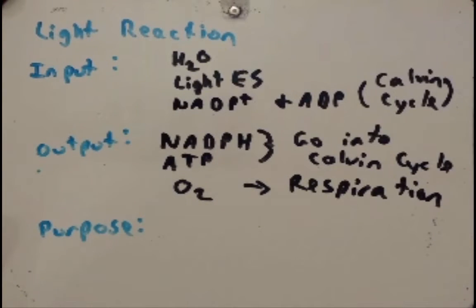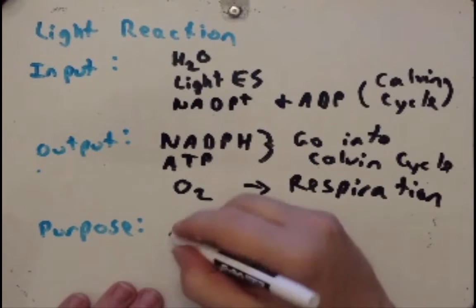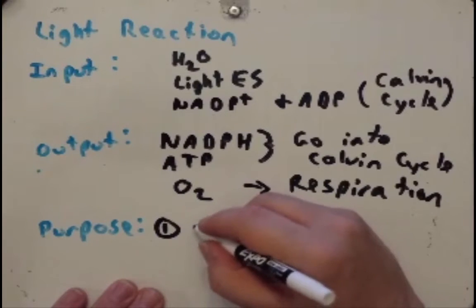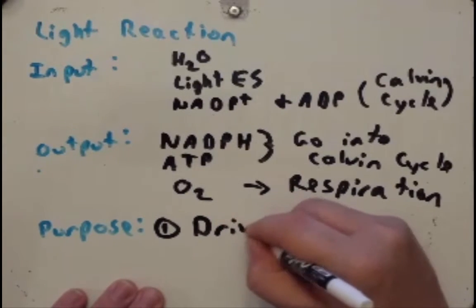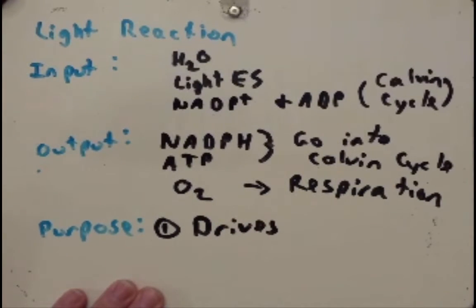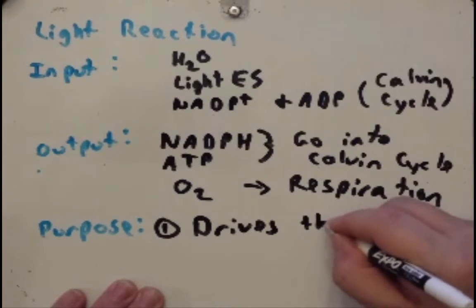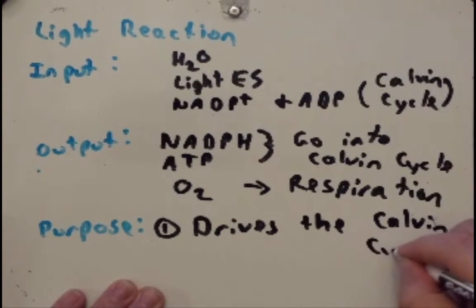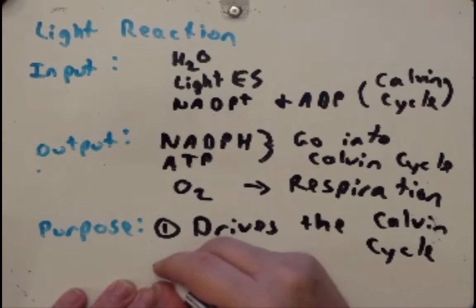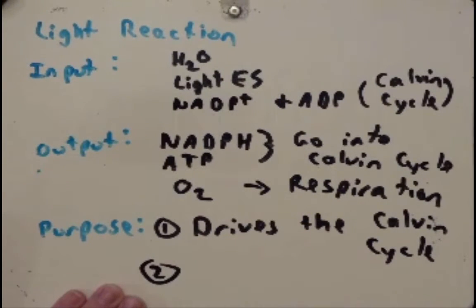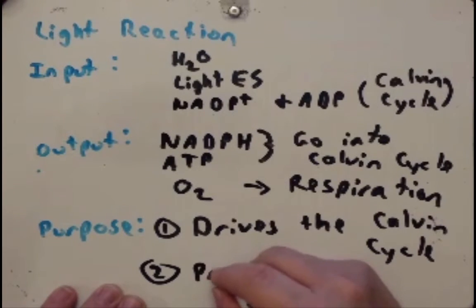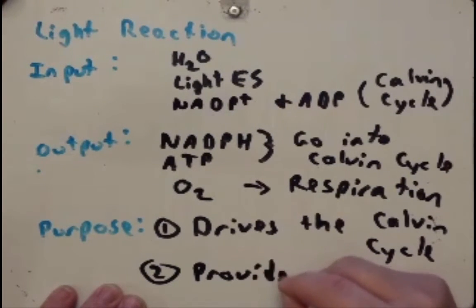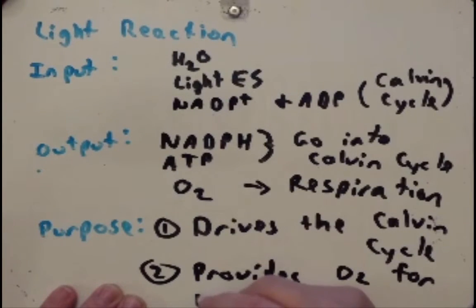So we want to give it a purpose. The first purpose is that the light reaction drives the Calvin cycle. The second purpose is that it provides oxygen for respiration.